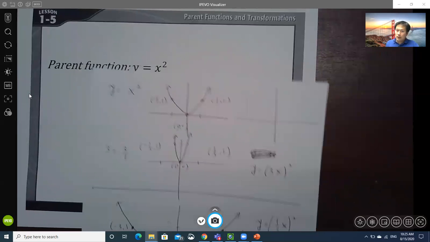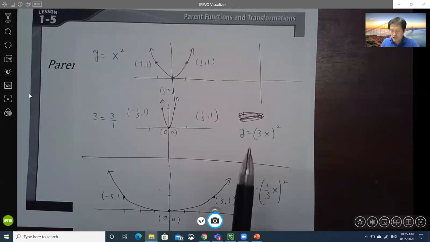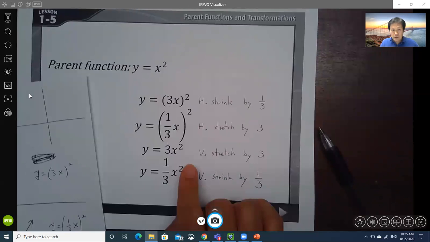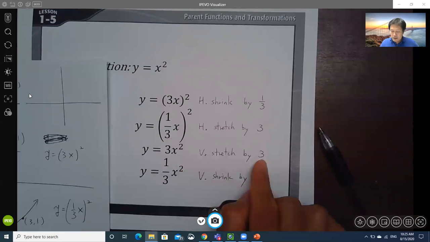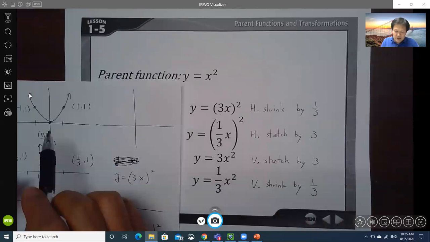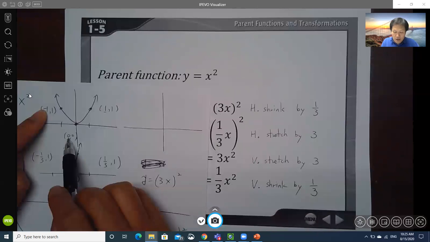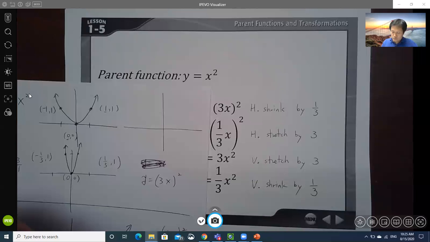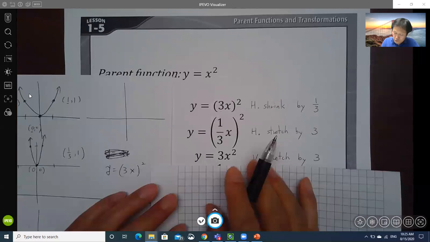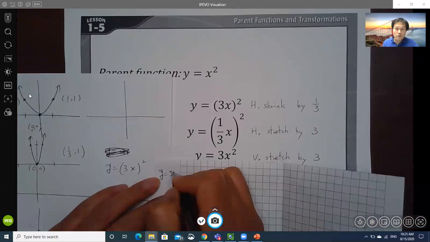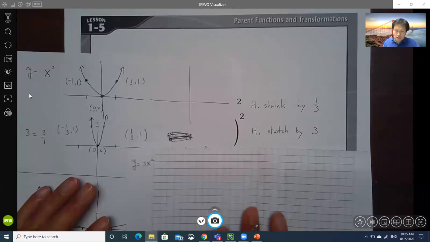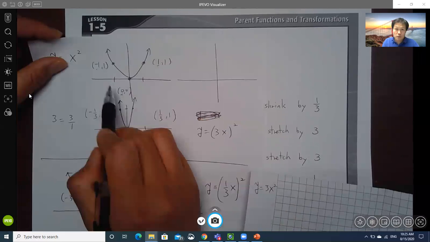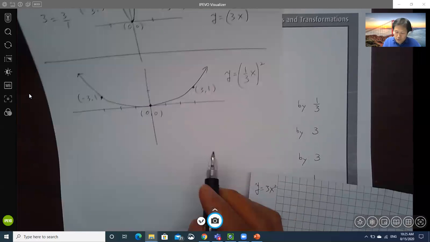So probably you got the idea by now. Vertical stretch means you're going to multiply the y value. So for vertical stretch by 3, you leave the x values alone, and all y values you multiply by 3. So if you're trying to graph, let's say, y equals 3x squared, the points are going to be 1, 3, minus 1, 3, and 0, 0.